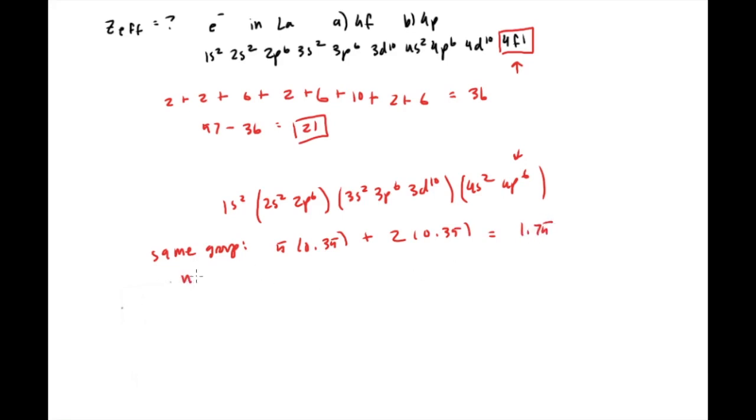And if we look at n is equal to 3, which is 1 less from n, these contribute 0.85, and so we have 10 electrons from the d atomic orbital, 6 from p, and lastly 2 from the s orbital. And so if we plug this into our calculator, we get a value of 15.3.